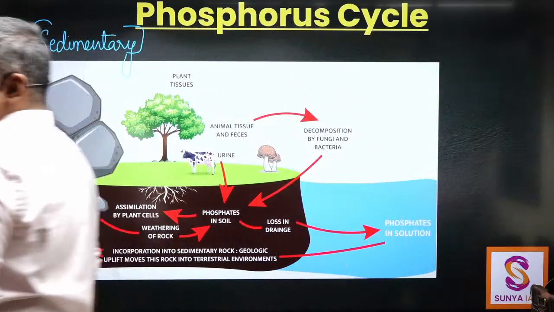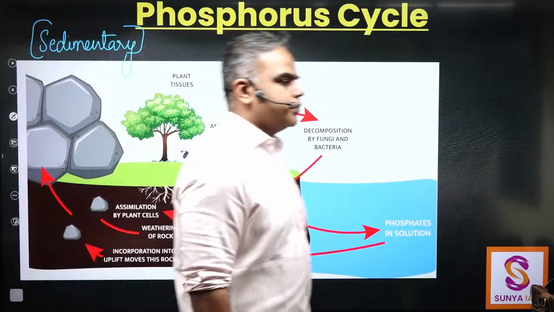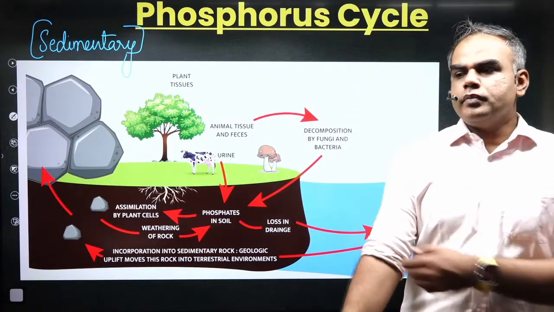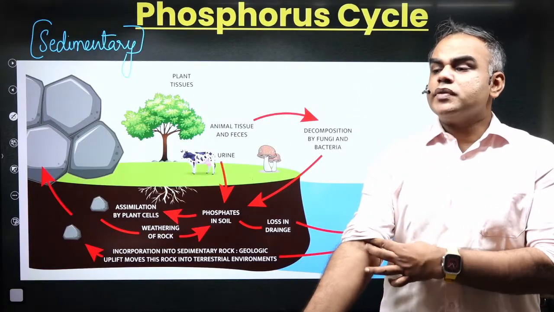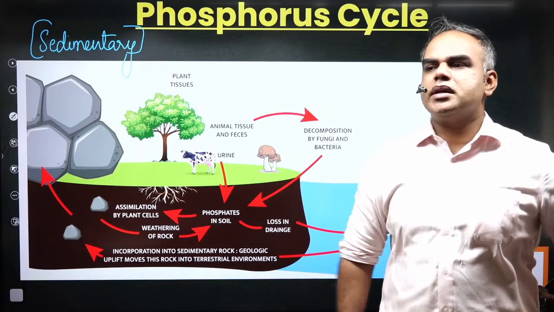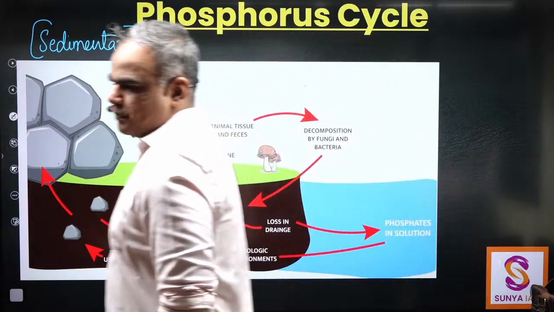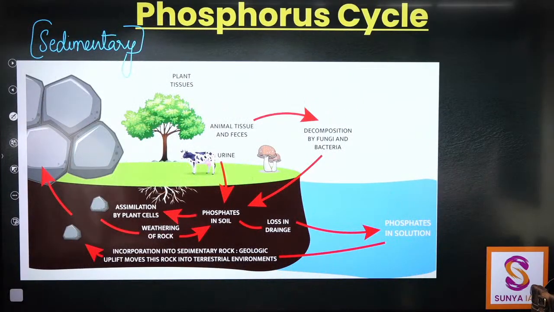Okay. Now let's come to the human impact. The significance of this, in the very first point we've also written that it is there in nucleic acids, etc. It is also important for plant growth. So we have written both points in the introduction, the importance and significance of phosphorus.